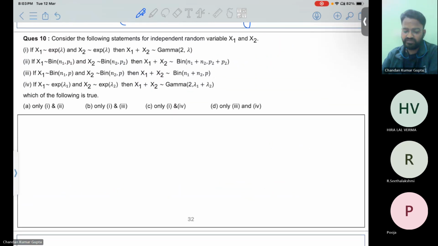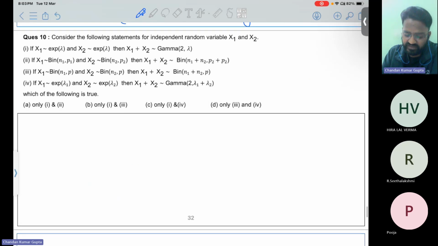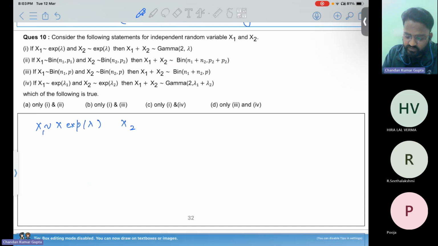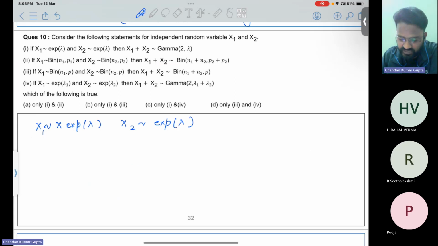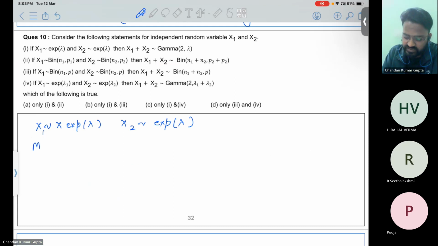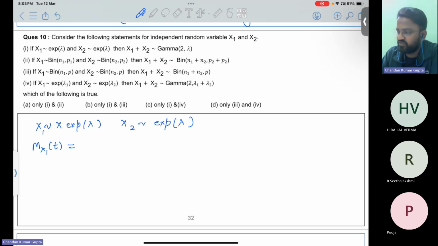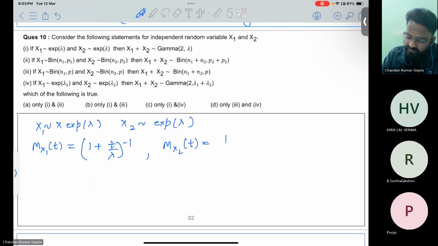In a similar manner, we can solve this with the help of the additive property. Here, x1 follows exponential lambda, x2 follows exponential lambda, then x1 plus x2 follows gamma. We need to check. Let x1 follow this; then M of x1 t is 1 minus t upon lambda to the power minus 1. Similarly, M of x2 t is 1 minus t upon lambda to the power minus 1.